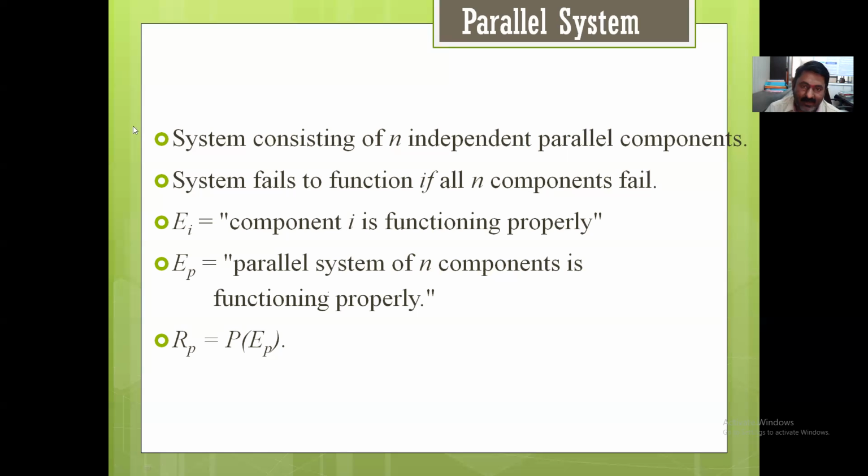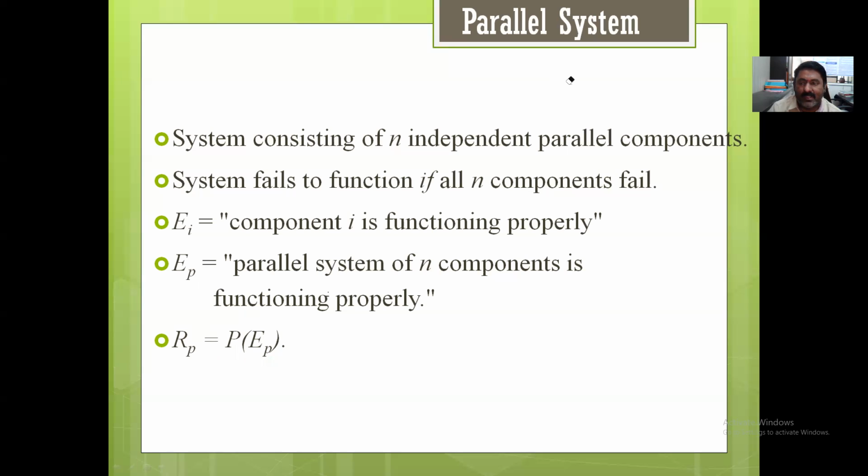So again, as in the last case, the reliability is nothing but the probability of the parallel system of n components functioning properly. What is the probability of this functioning properly? It is nothing but the reliability of the system for this parallel case. Okay, so again, these are some generalized things.